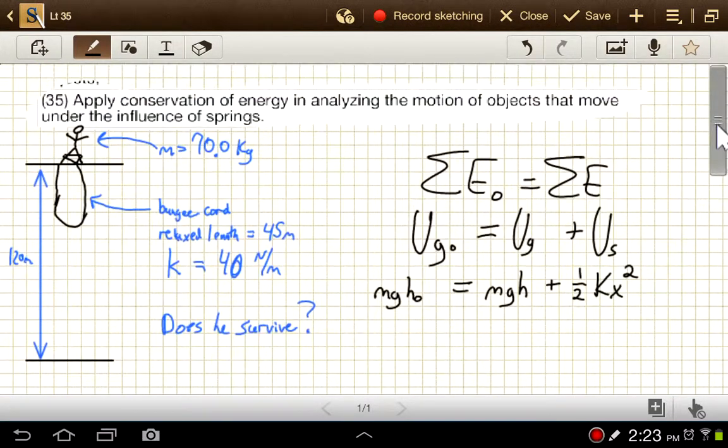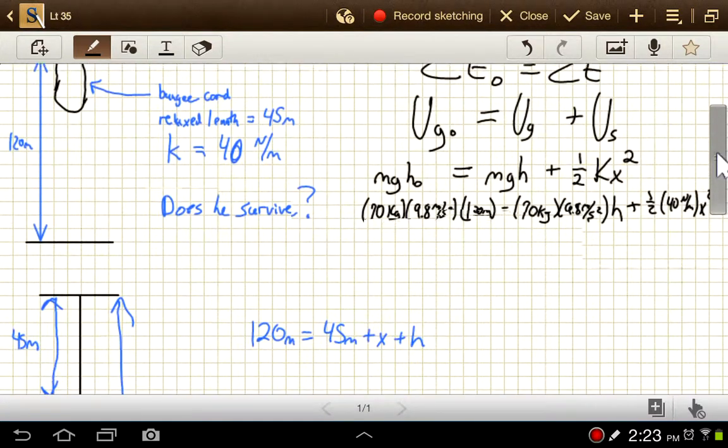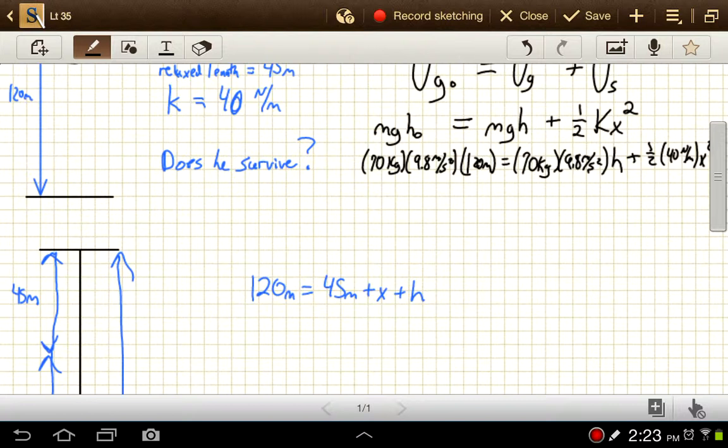So we've got 70 kilograms and 9.8 meters per second squared, and 120 meters is equal to 70 kilograms, 9.8 meters per second squared, and h plus 1/2, 40 newtons per meter, and x squared. Okay, so you'll have to bear with me in the spirit of suspense.